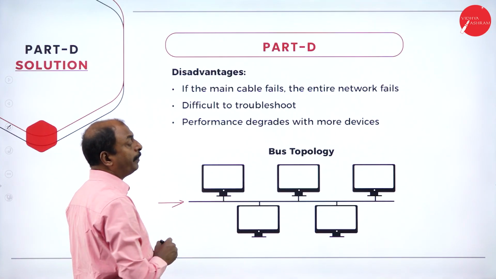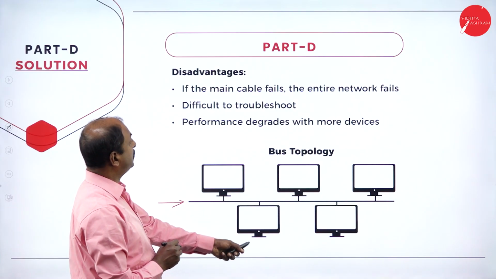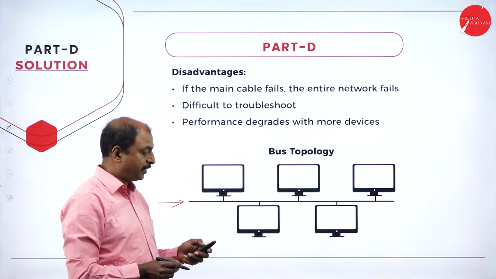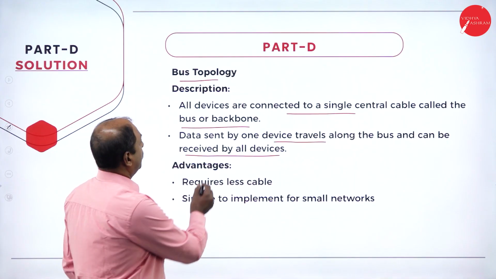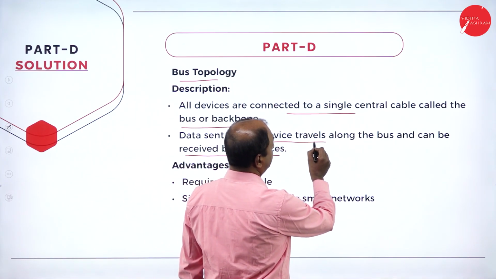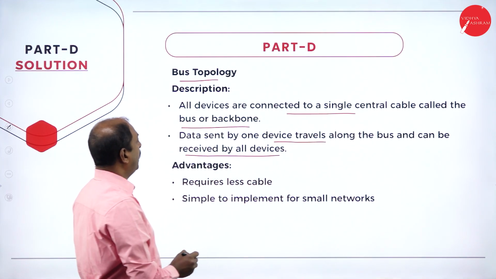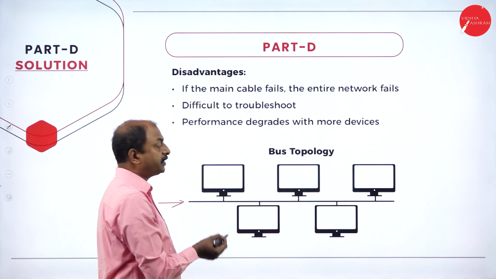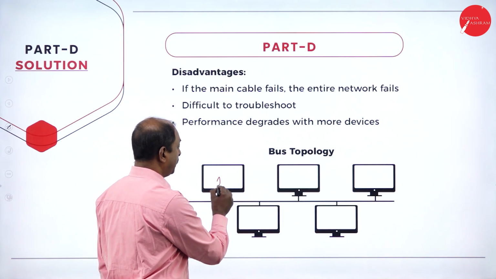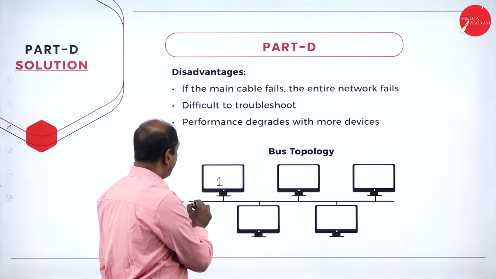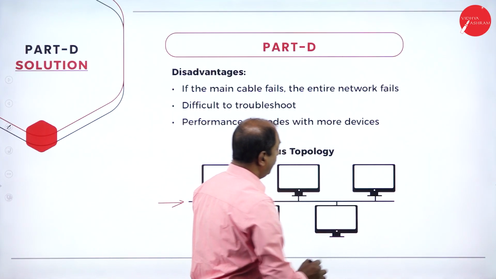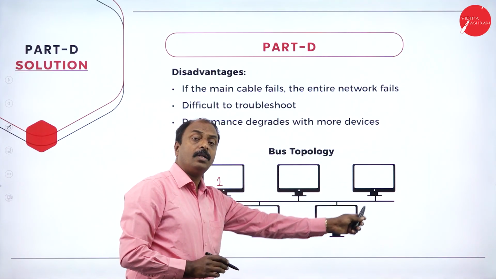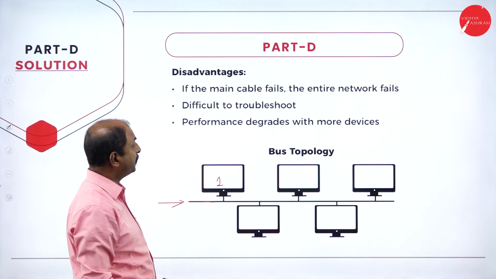This is called the backbone cable. Means any data sent from this computer will travel throughout the cable and will be received by all the nodes in the computer network.